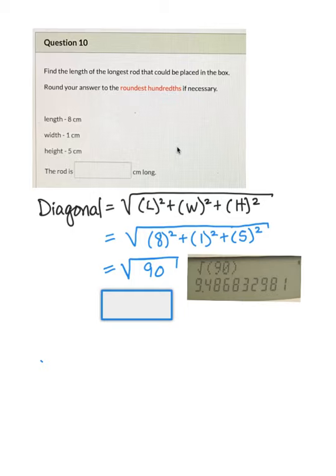So this time it says hundredths place. That is 2 decimals. And we're going to look at the guy next to him. Is that 5 or above? Yes. Give the original a shot. And then our final answer should be 9.49.